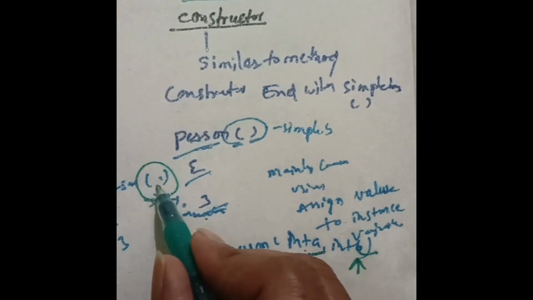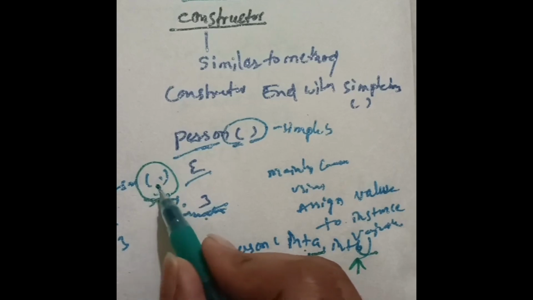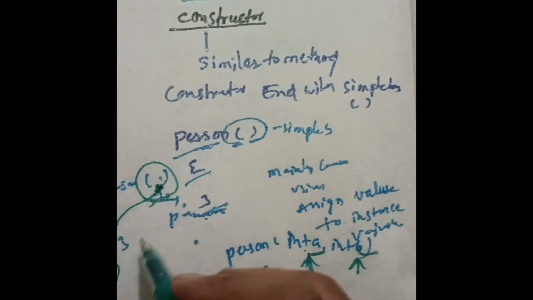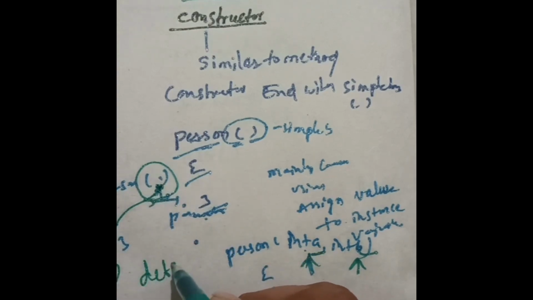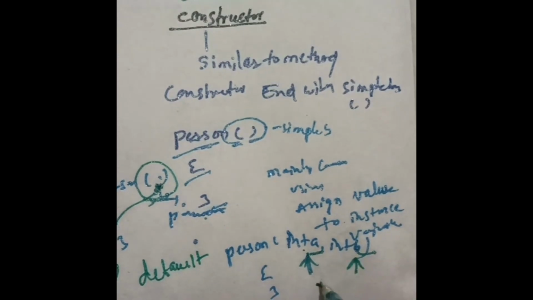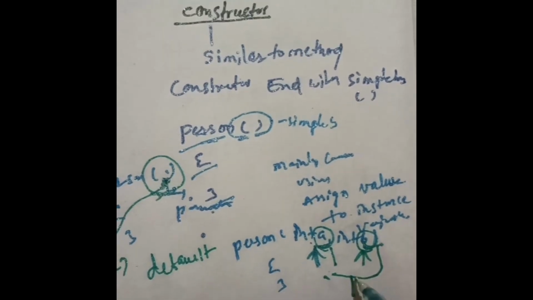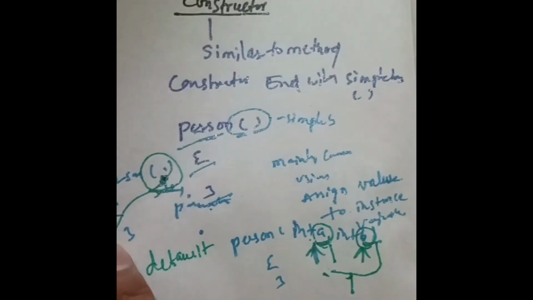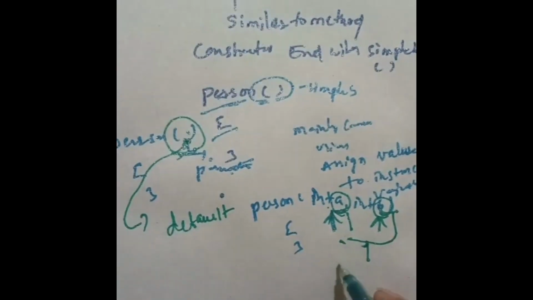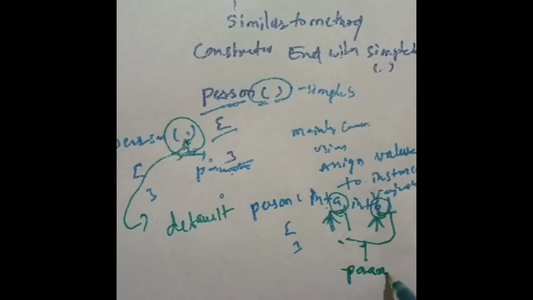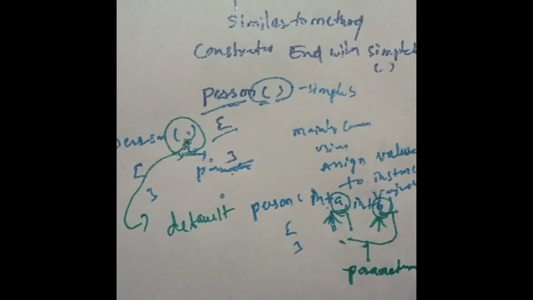What we pass to a method we call parameters. This type of constructor, with no parameters, is known as a default constructor. And this constructor, with A and B, we call a parameterized constructor.